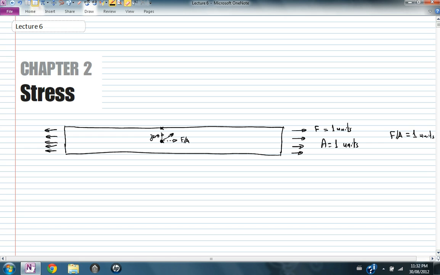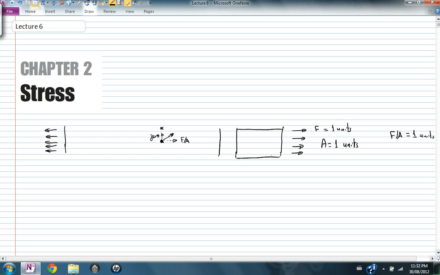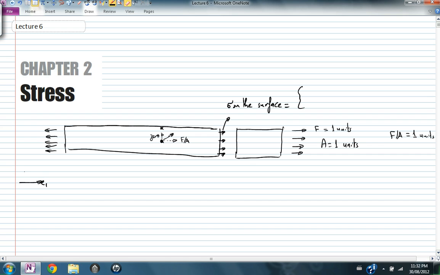On the other hand, if I take a plane, basically, if I separate the material right here, if I separate the beam right here, I can now talk about stress on the surface, because the stress on the surface will be equal to a vector, if I call this E1, E2, and E3.